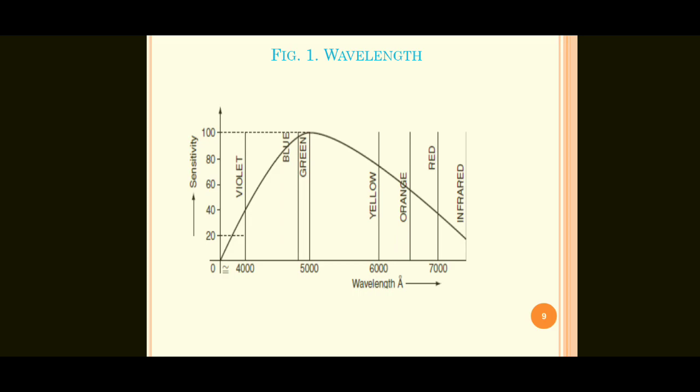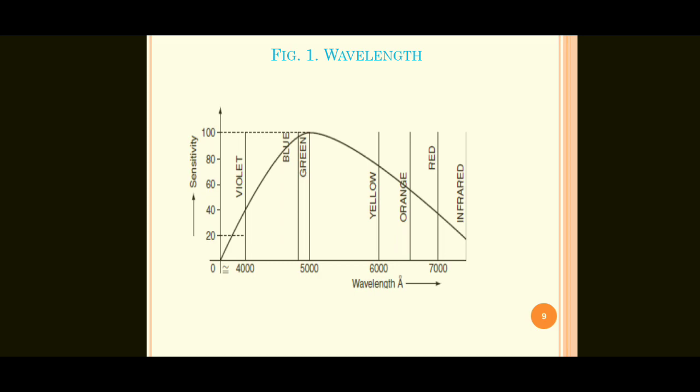So you can observe how many different colors are present. Depending on our sensitivity and on wavelength, the color will vary. At one particular value, one color is present. Totally the colors are violet, blue, green, yellow, orange, red and infrared.